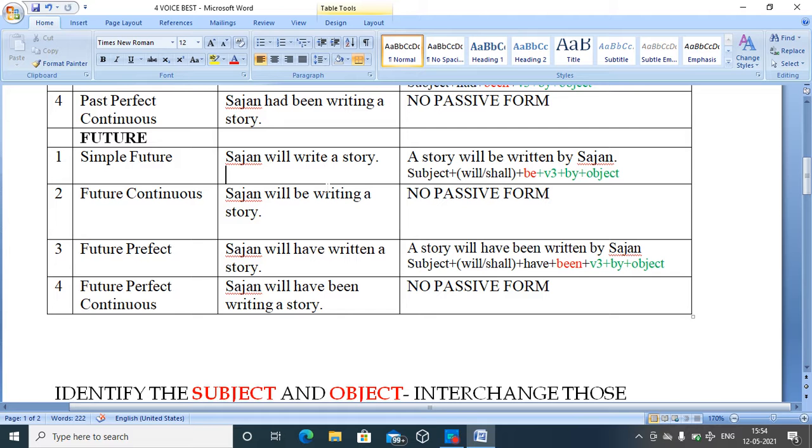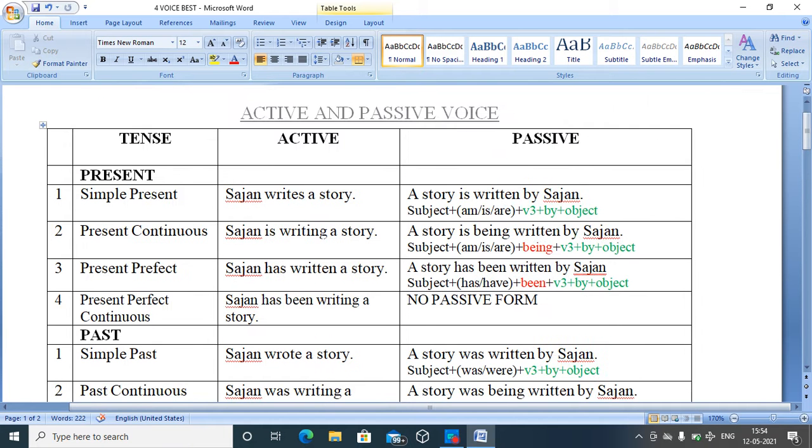So that part is also very important if you want to do all these things clearly, without much difficulty. Otherwise we are stuck in between. We know this rule. We know the formation. But we don't know which is the V3 form of the given main verb.